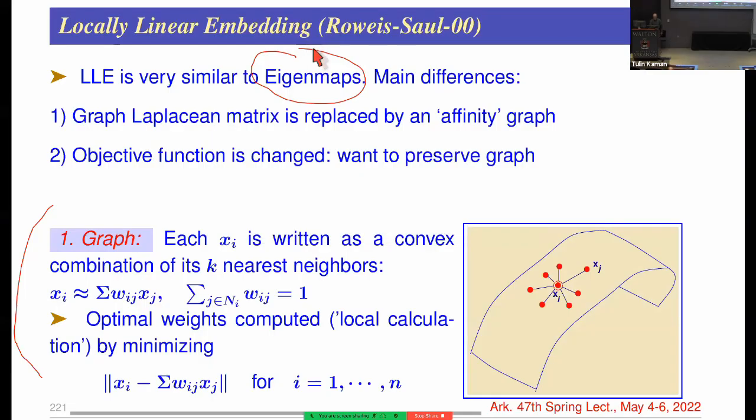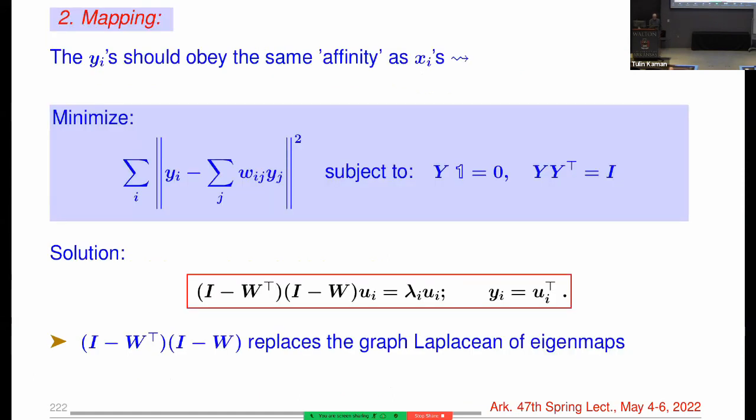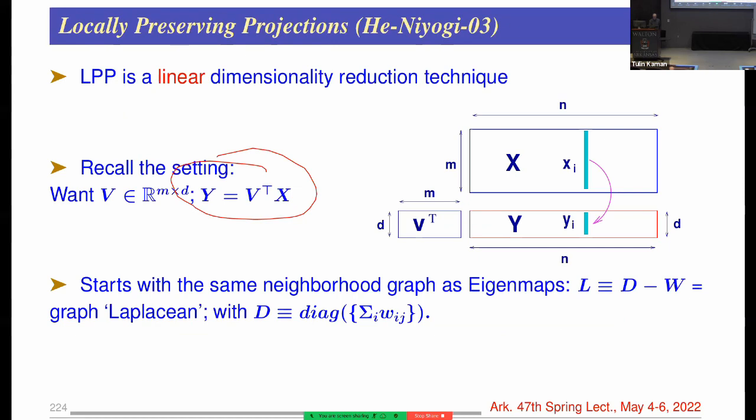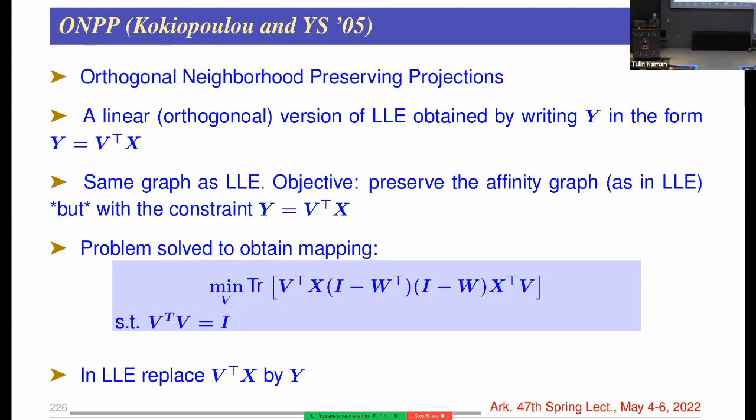Sorry about that. So now there's a method called LPP, and we developed another method a while ago which uses an orthogonal projection instead of just a standard projection, called ONPP. I'm going to just very briefly mention that this is based on LLE, and the rest is very similar.